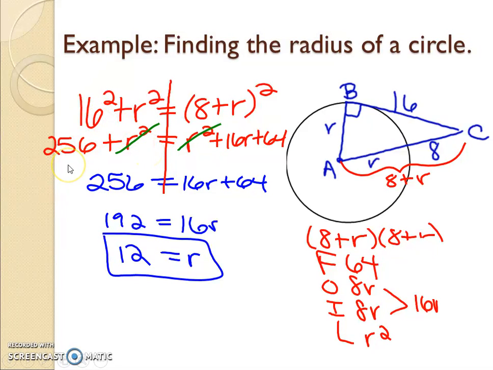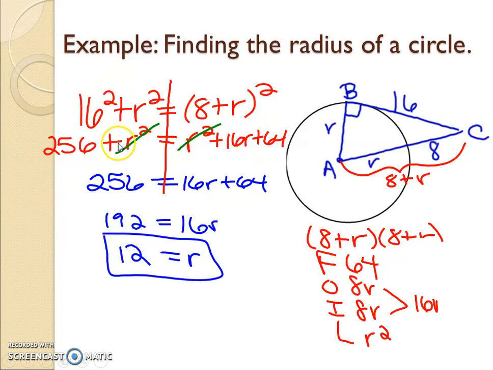16 squared is 256. R squared is R squared. We're going to multiply these two. So R plus 8 times R plus 8 is R squared plus 16R plus 64. So if you do this multiplication, this is what you get.